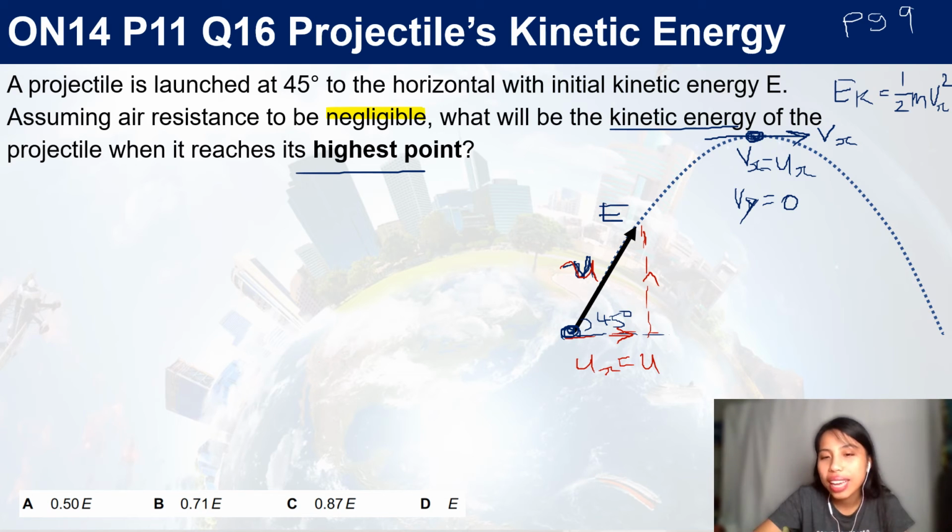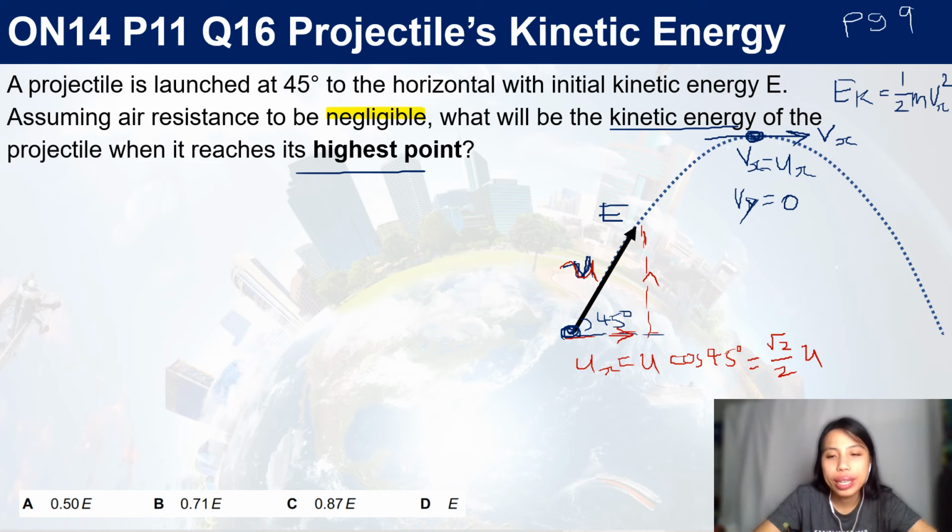U cos or sine? Adjacent, hypotenuse. So U cos 45. Cos 45 is root 2 over 2. So root 2 over 2 U. That is the initial horizontal velocity.